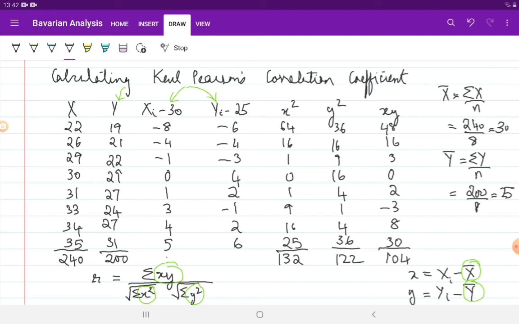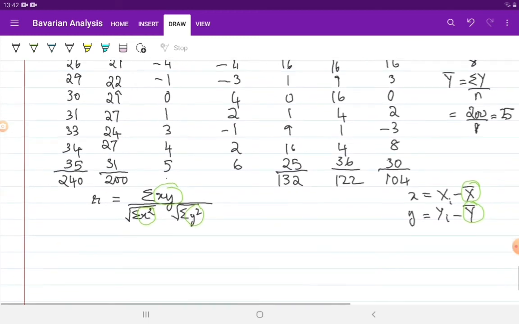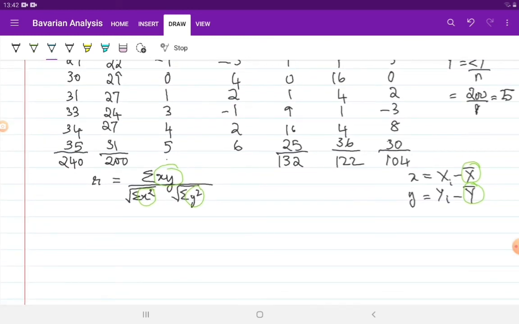So putting all these values into your formula, you get r as 104 divided by root under 132 into root under 122.